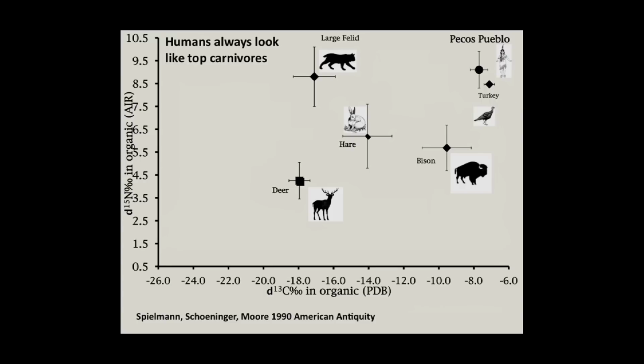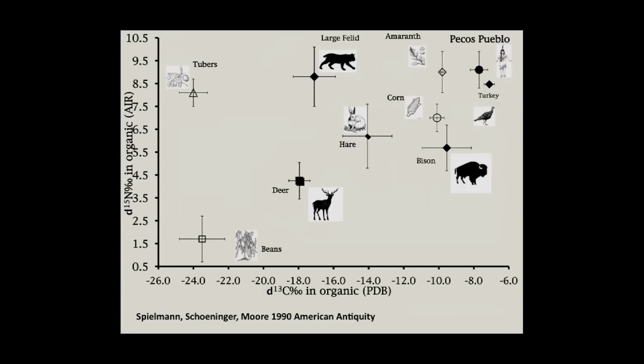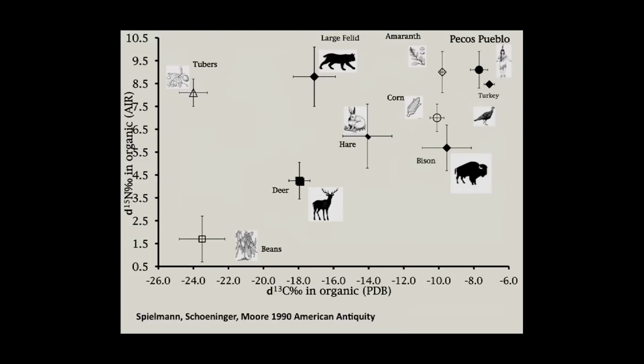So you expect that. But lo and behold, the other thing we have with these guys is we have the plants. We don't have those with the Neanderthals. And if you plot the plants, then you start seeing that some of these plants are of high delta N15 too. The amaranth is plotting up there, the corn is plotting up there, the tubers are even plotting up there. So why is this? It's because of the model, which I must admit I lived on for a long time.